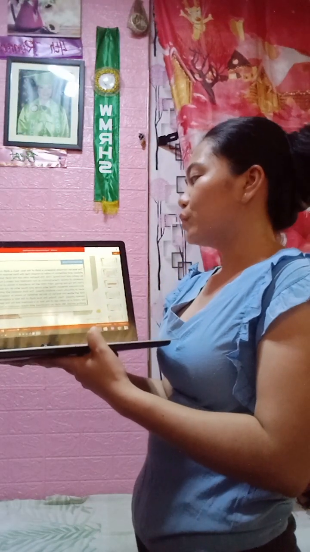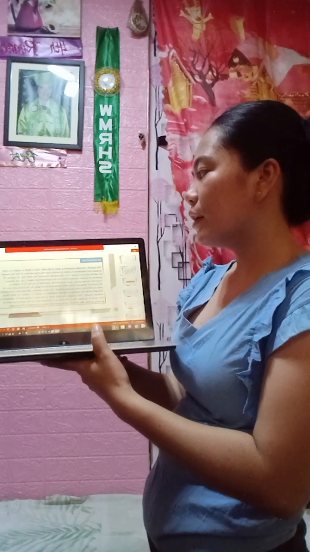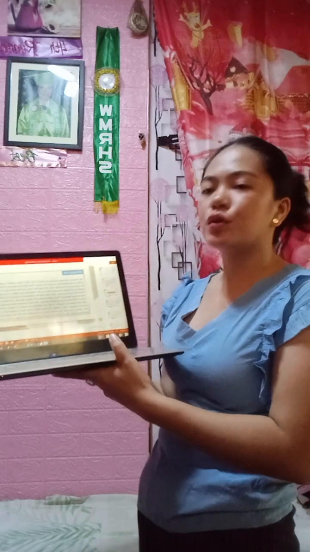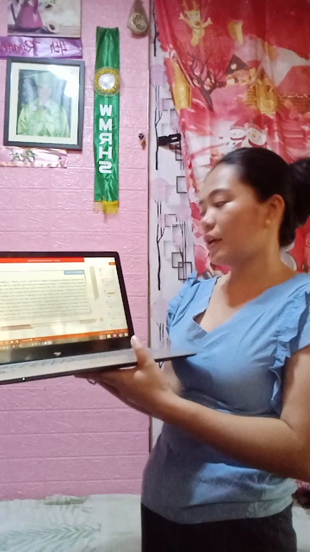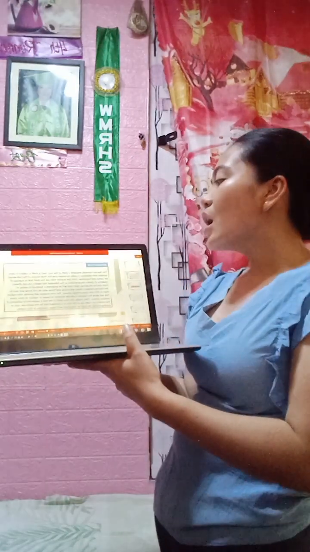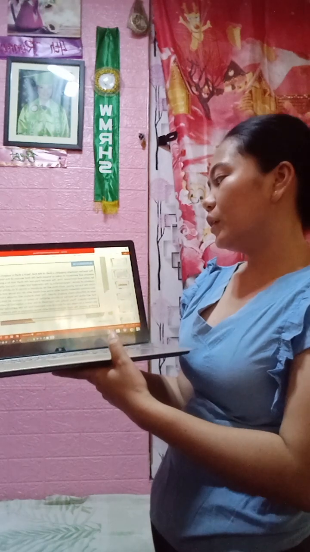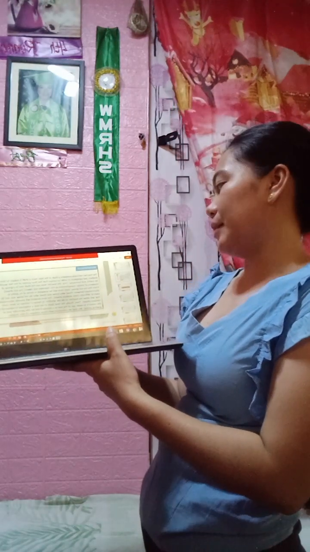From the tryout group, each item will be analyzed in terms of its ability to discriminate between those who know and those who don't know, and also its level of difficulty. This is the item analysis phase. The item analysis will provide information that will allow the teacher to decide whether to revise or replace an item.